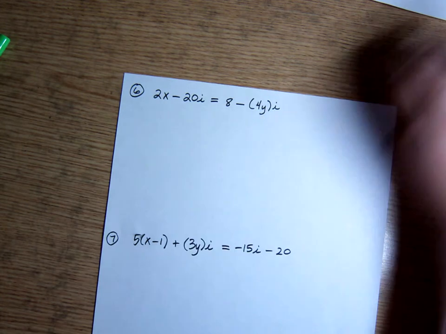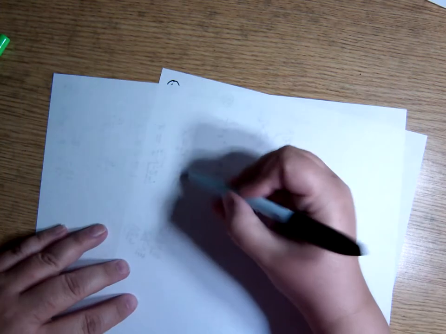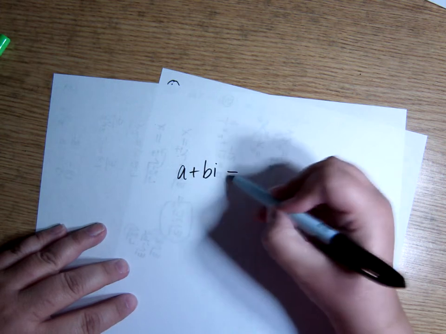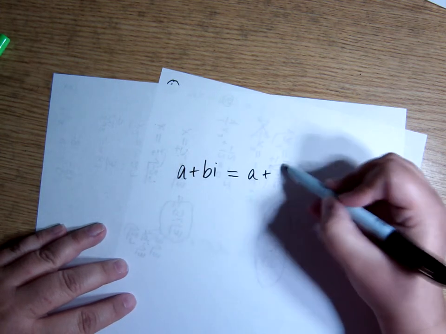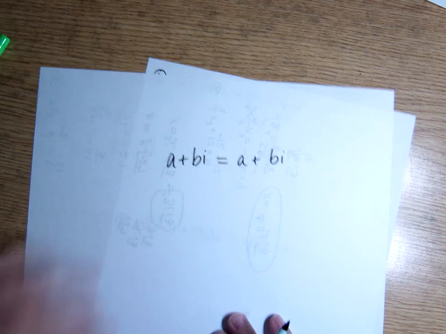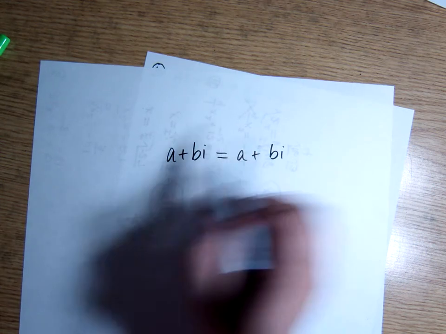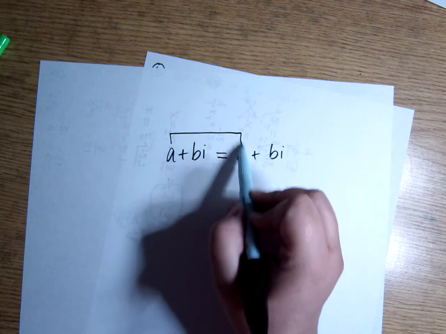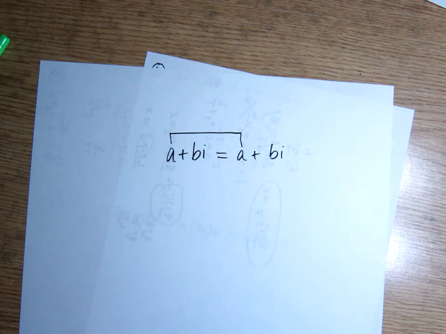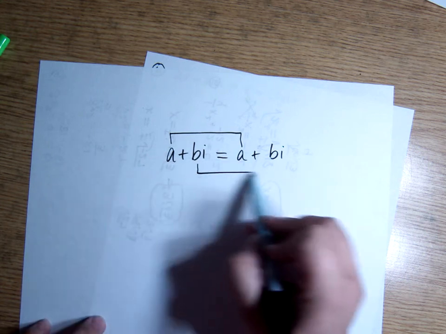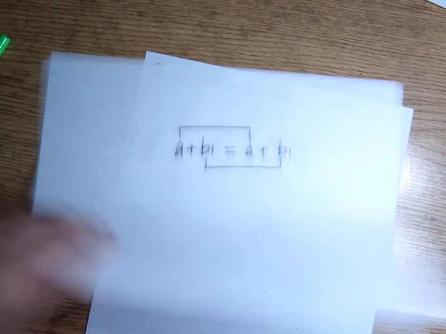In other words, you have a number in the form a plus bi, and you have another number in the form a plus bi, and so you have to figure out what x and y would be to make these numbers equal. So the real parts, which are the parts that are just the number, have to equal each other, and the imaginary parts have to equal each other.